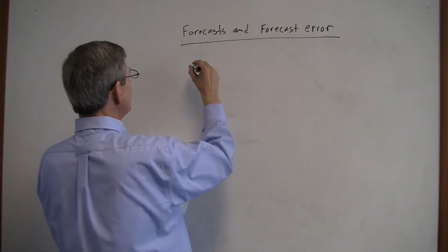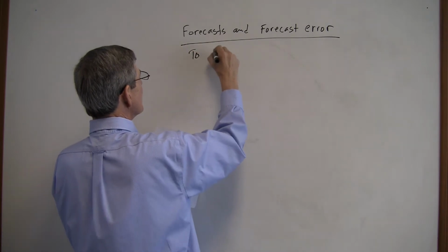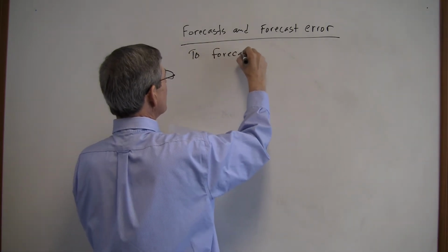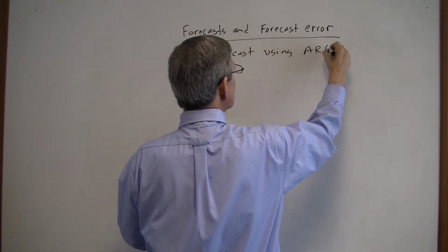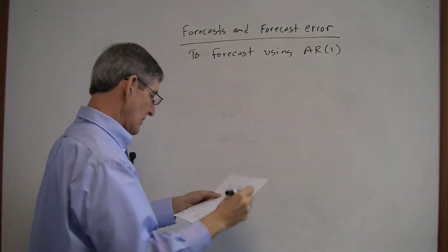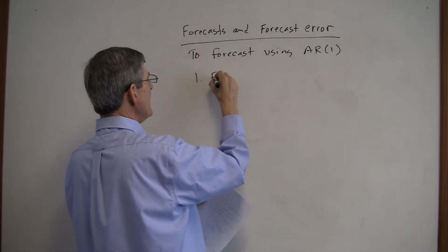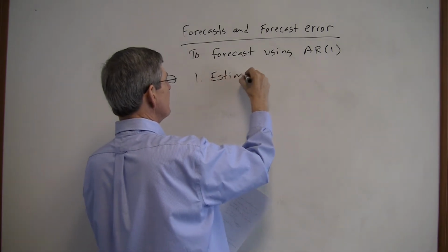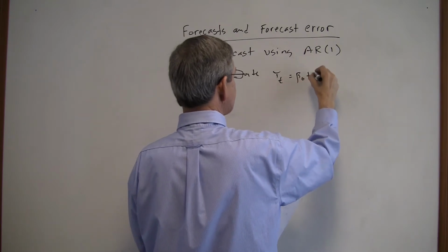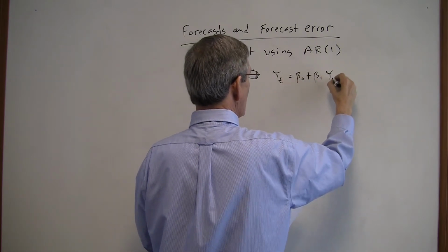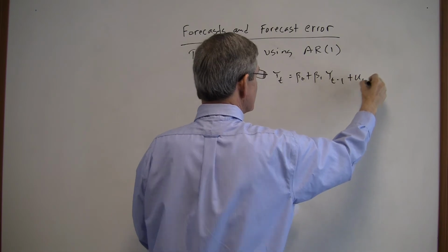To forecast using an AR1, first you would estimate yt equals beta naught plus beta 1 yt minus 1 plus ut.